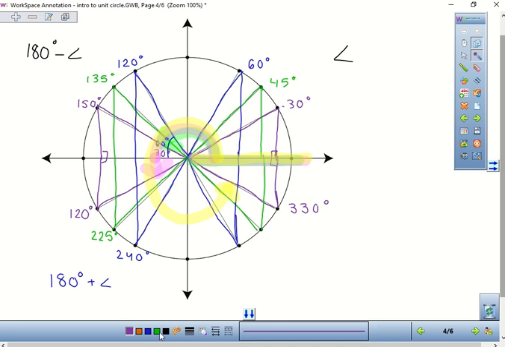How would I get the 45-degree? I'd have to open up all the way around and leave 45 degrees left, which would be 315. And then lastly, for the 60, open all the way up but leave 60 degrees left, which is 300. So what do you think the rule would be for this quadrant?